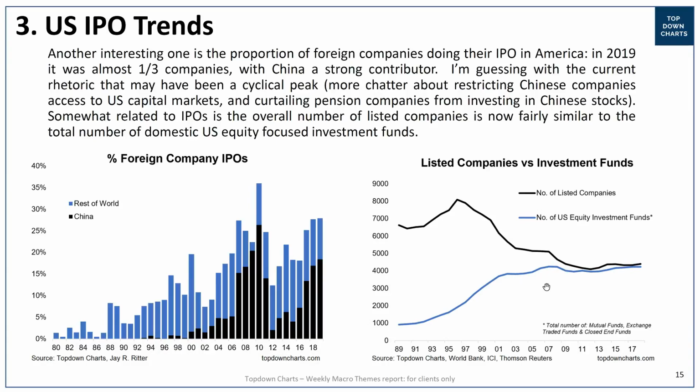And you can see there in the blue line is the number of US equity investment funds. So I'll just read out the star there. It's the total number of mutual funds, exchange traded funds, and closed end funds, which are primarily focused on the US market. And so you can see that there are just about as many funds investing in the companies as there are companies themselves. You could almost have one fund, one company, but it's obviously a bit more complicated than that.